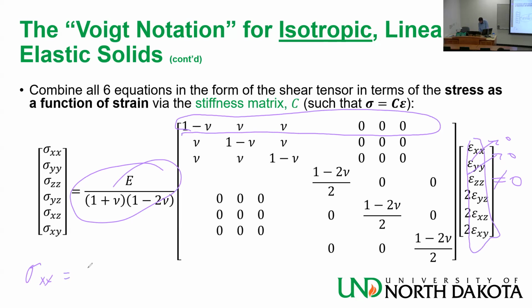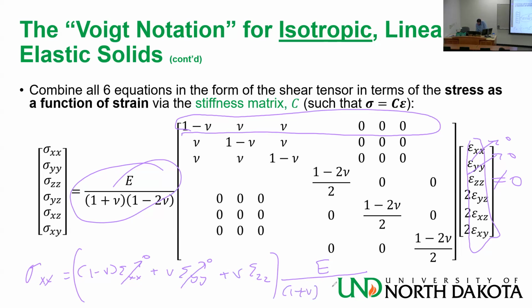So I have 1 minus ni times epsilon xx, but because epsilon xx is 0, the whole thing is 0, plus ni times epsilon yy also equal to 0, plus ni times epsilon zz, which is non-zero, and then everything needs to be multiplied by E over 1 plus ni times 1 minus 2 ni, which is from here.